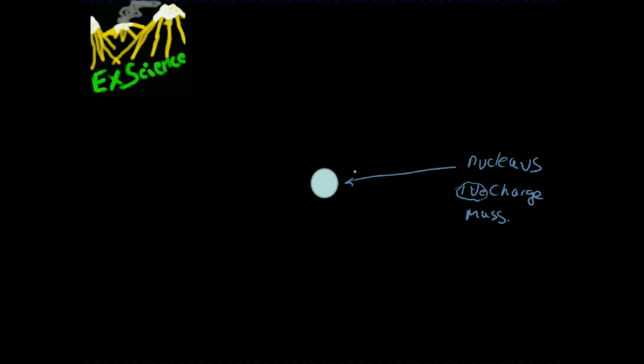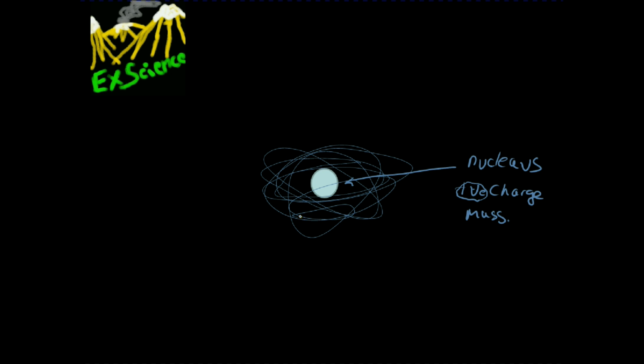Circulating around the nucleus in clouds we have electrons, negative charge.